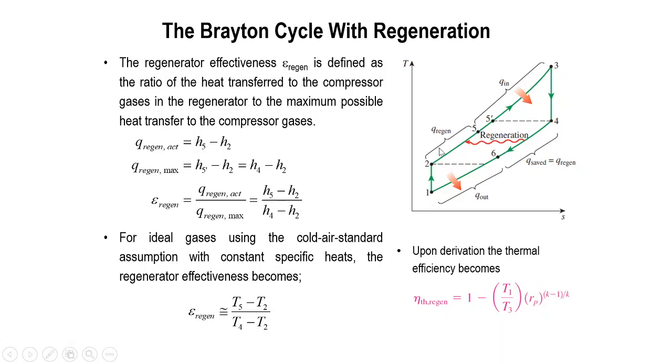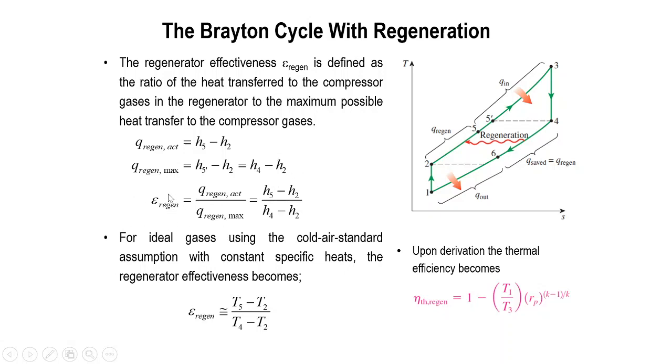But for the maximum, the actual maximum is from the 5 dash here. The maximum for Q regeneration is from H at 5 dash minus H2, the enthalpy at point 2, which is equal to the enthalpy at point 4 minus the enthalpy at point 2.